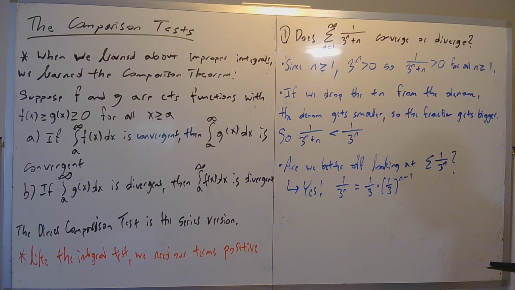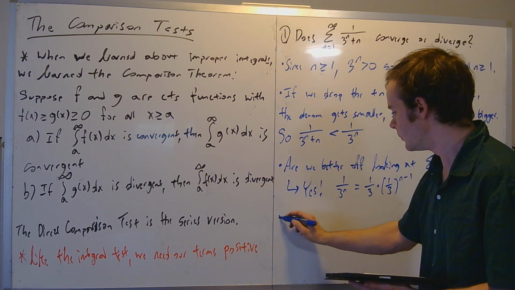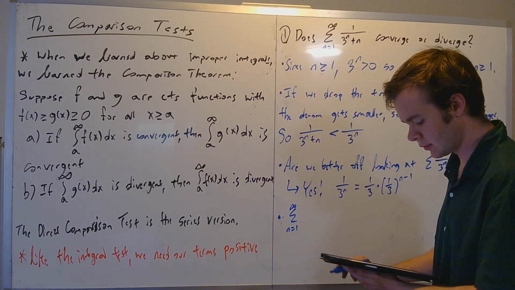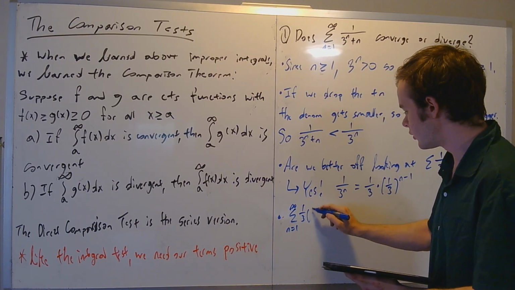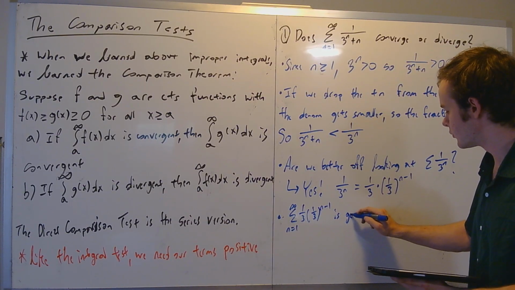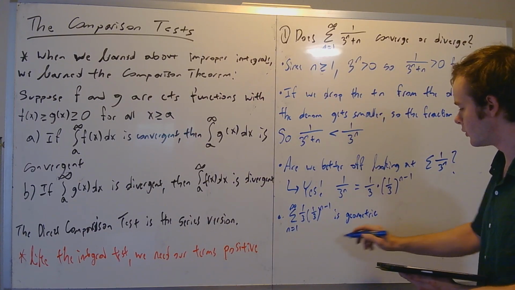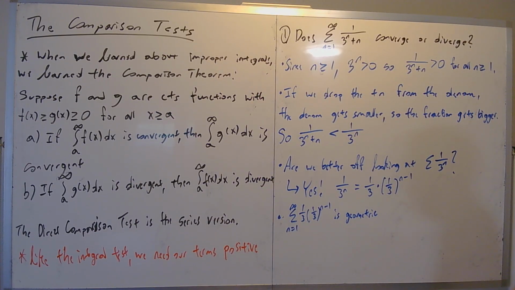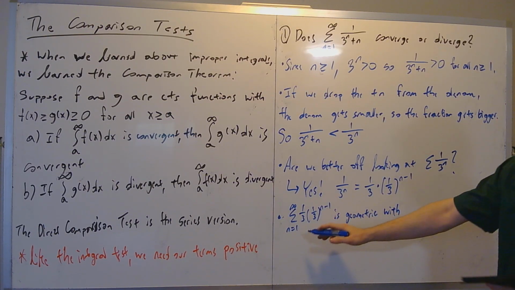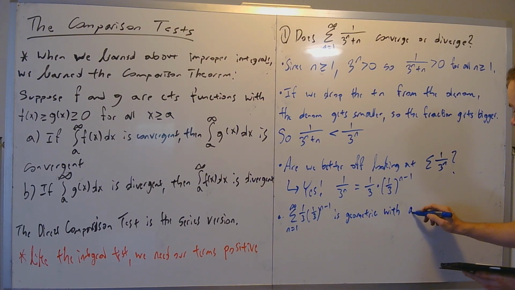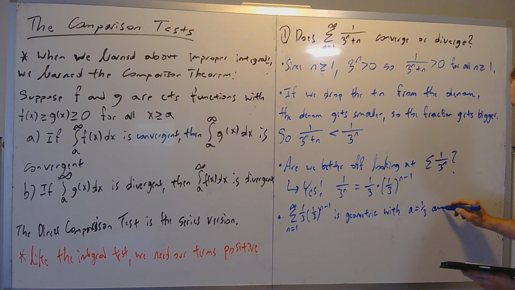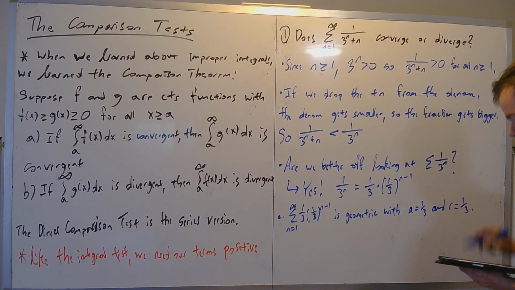So the sum from n equals 1 to infinity of 1/3 times 1/3 to the power of n minus 1 is geometric, right, because of the form a times r to the n minus 1. So a equals 1/3, and r equals also 1/3.